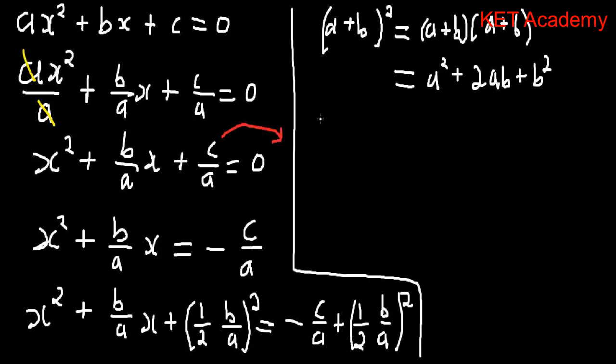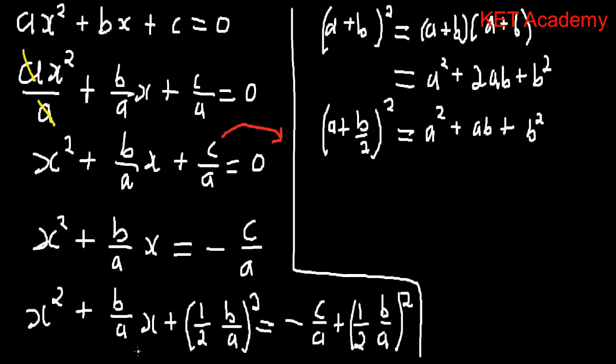So let's expand a plus b on 2, all that squared. Now we are going to have a squared plus ab plus b squared. So what we're trying to do is look for an expression on the left hand side such that it is a perfect square.